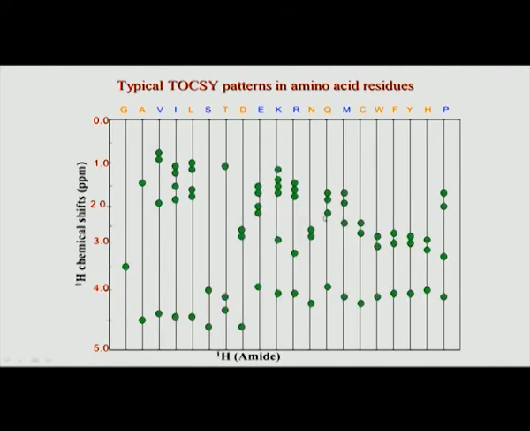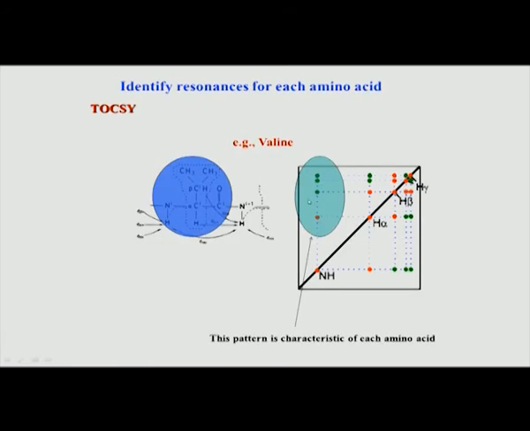So, what is shown here on the x axis is just the different amino acids. The 20 amino acids are listed here on the top, and on the y axis is the proton chemical shift, but only shown from 0 to 5. So, as in the previous slide, we are looking at this portion shown by this green circle, and if you see, it is only the aliphatic portion of the amino acid, and that goes from 0 ppm, which is the top part, to the center, which is around 5 ppm.